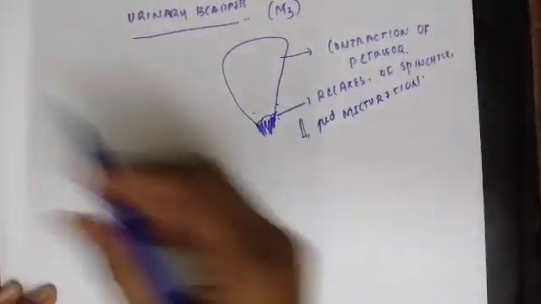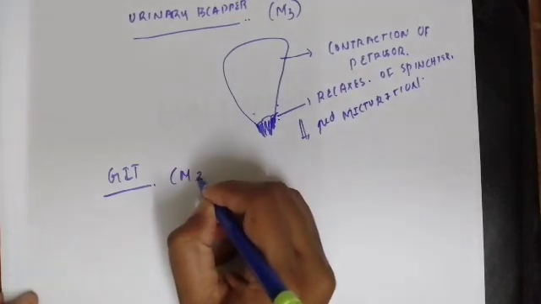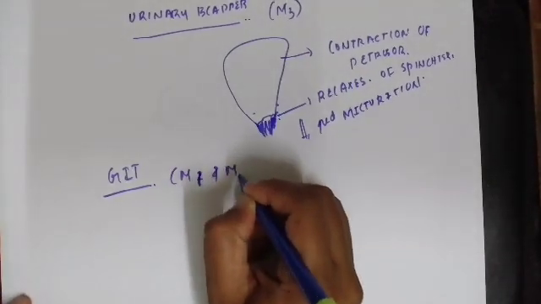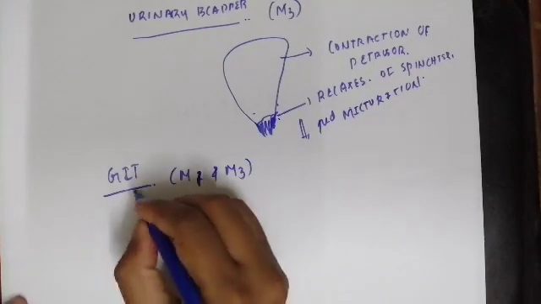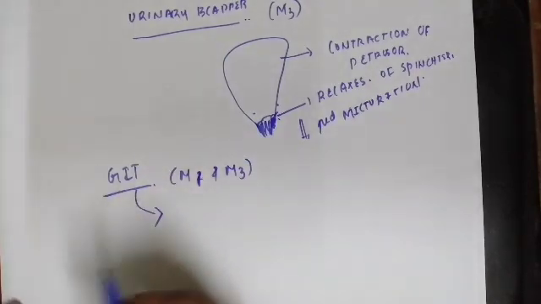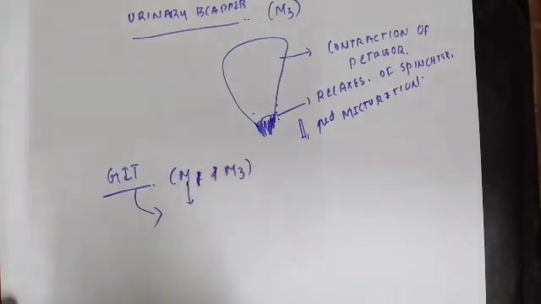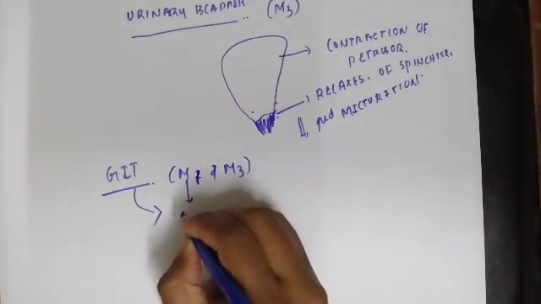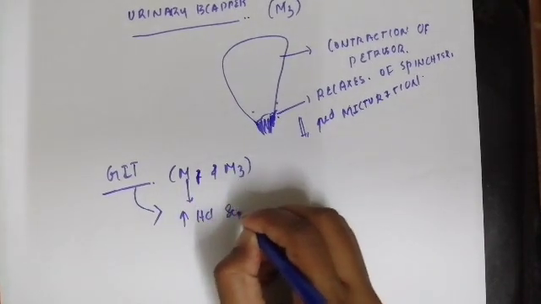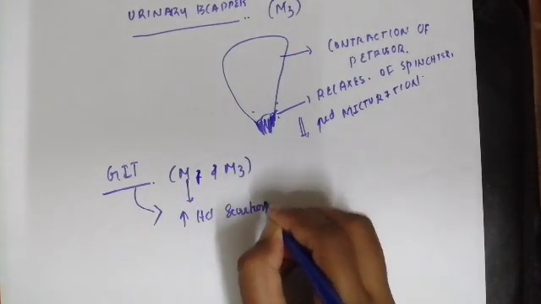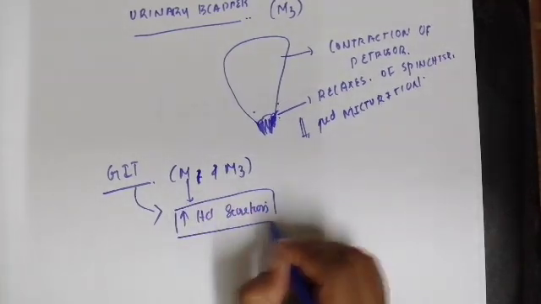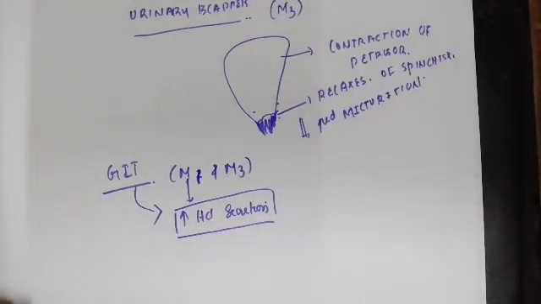So both M1 and M3 are present in the GIT. Through the M1 it increases the HCl secretion, because increased cholinergic activity in the GIT via the M1 receptors will cause increased HCl secretion, which can lead to peptic ulcer disease.